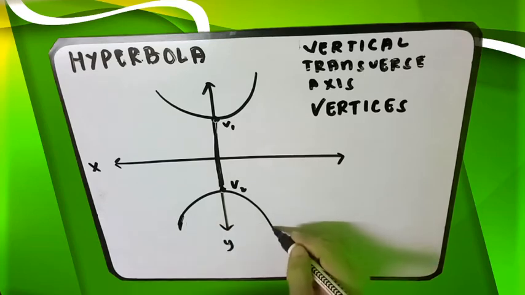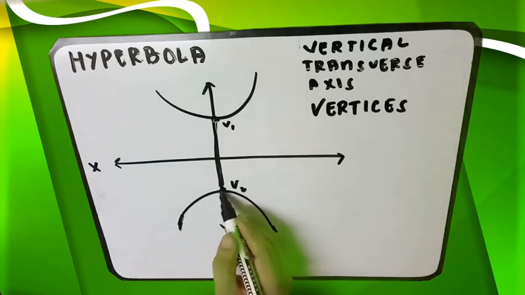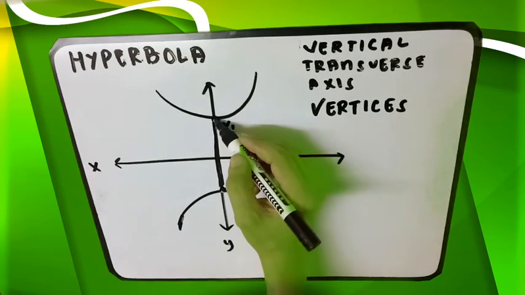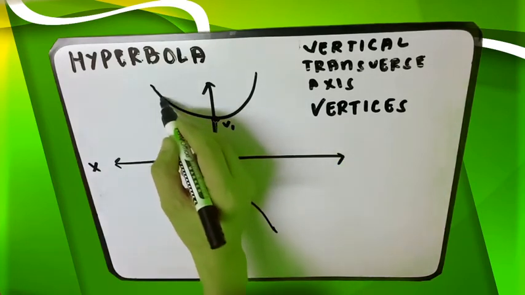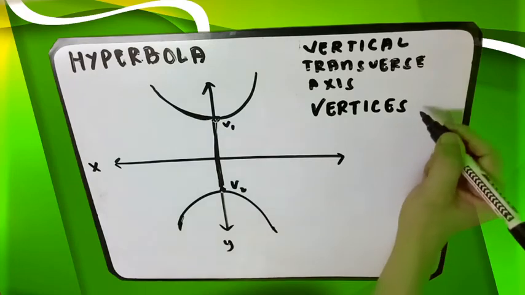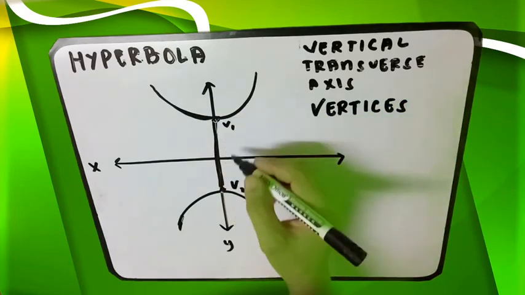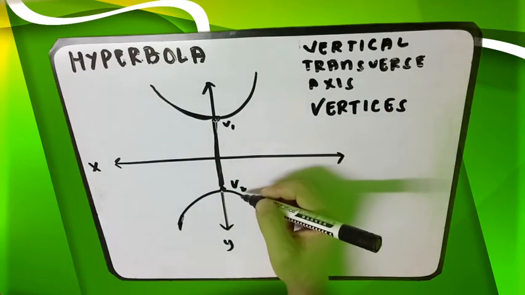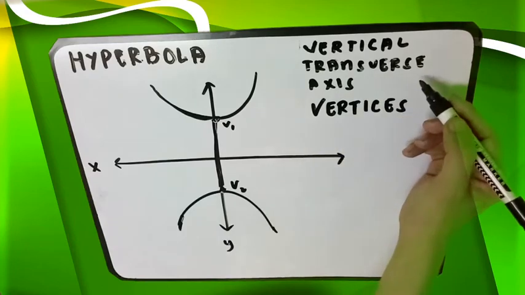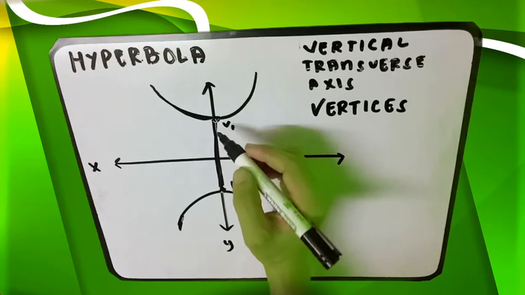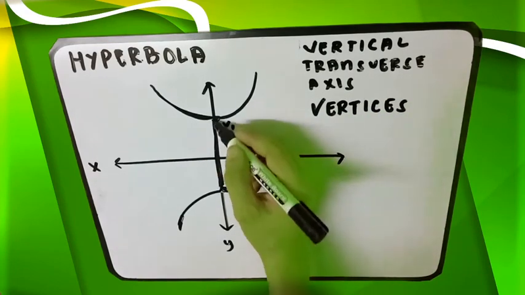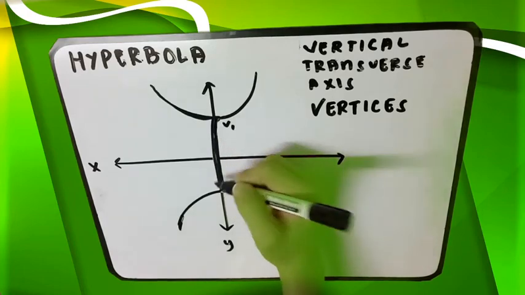Kung dito sa part, ito yung highest point. Kung dito naman sa part na to, this is the lowest point of the graph. So these are the vertices, V sub 1 and V sub 2. Vertical transverse axis, if we connect the two vertices, so that is a transverse axis.